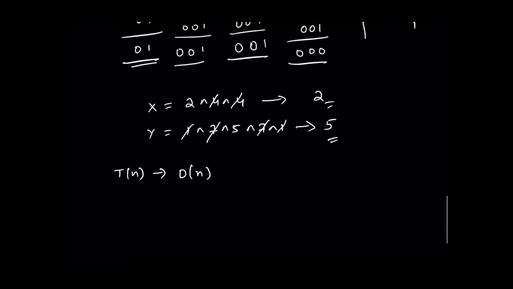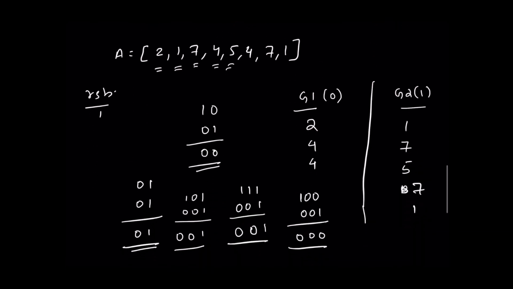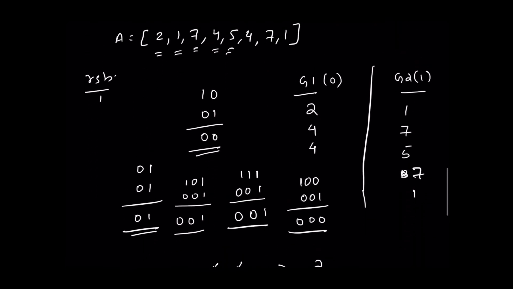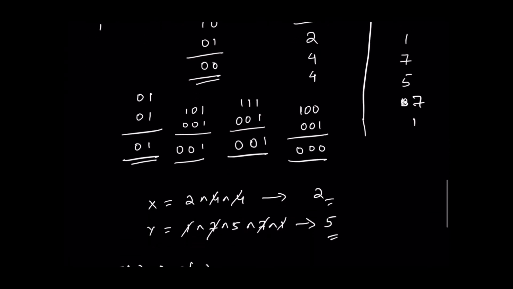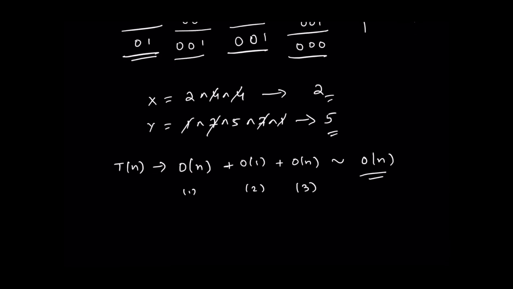The third step is to group the elements and find the XOR. This will again take a scan of the complete array, because we need to subdivide into two groups and get our answer. So the first step is big O of n, the second step is big O of 1, and the third step is again big O of n. So overall it is big O of n, and we have not used any extra space.